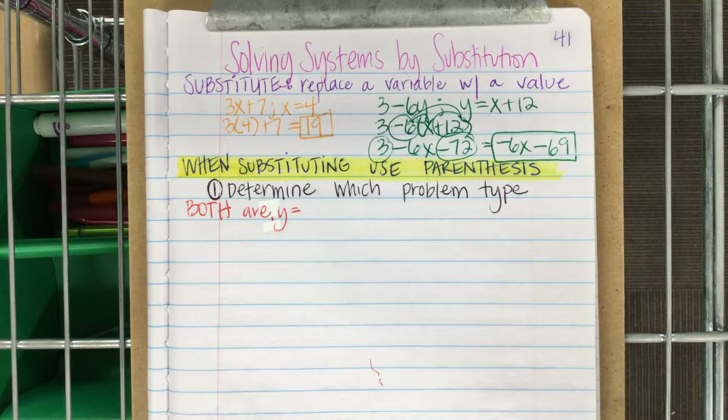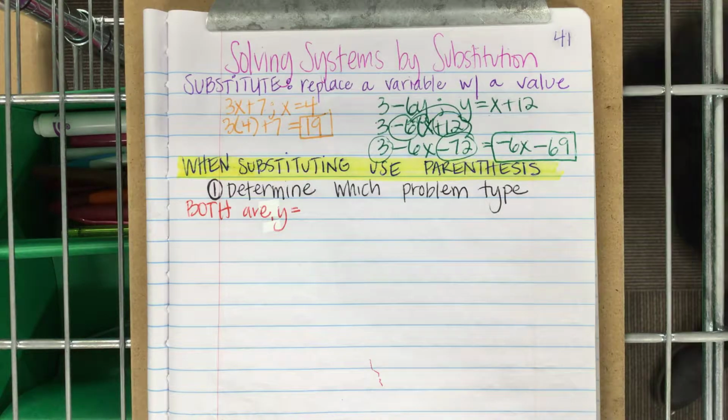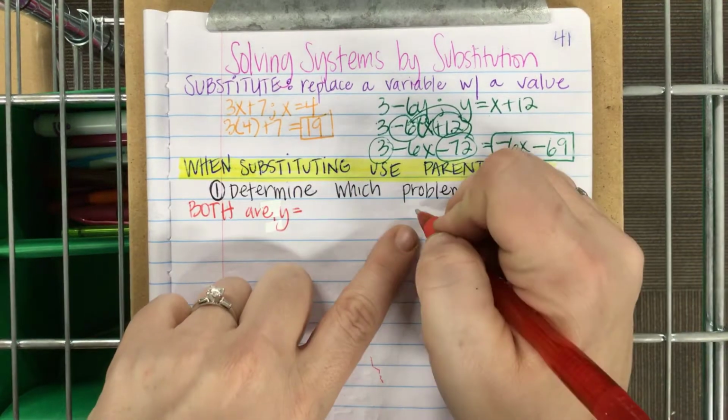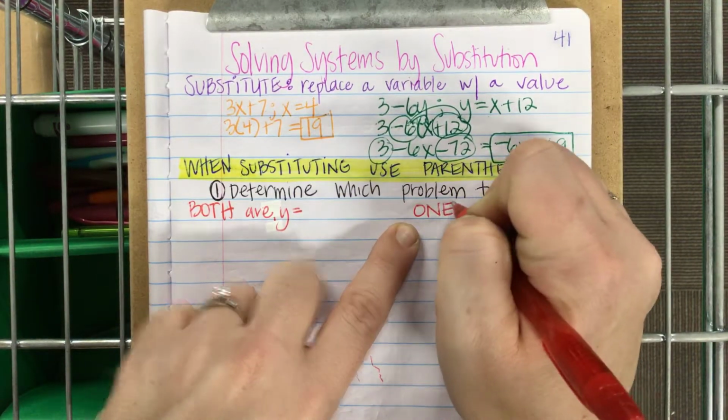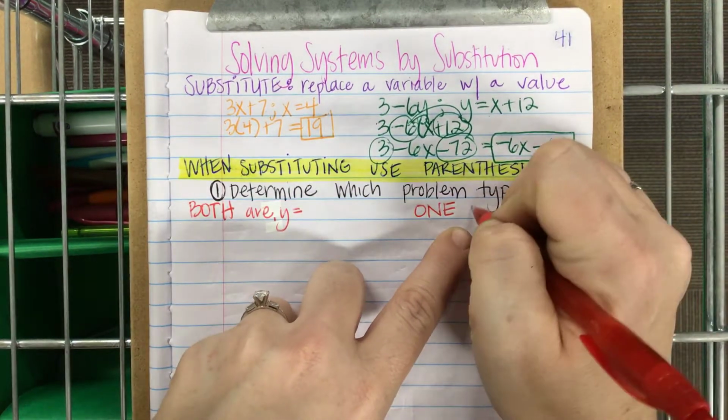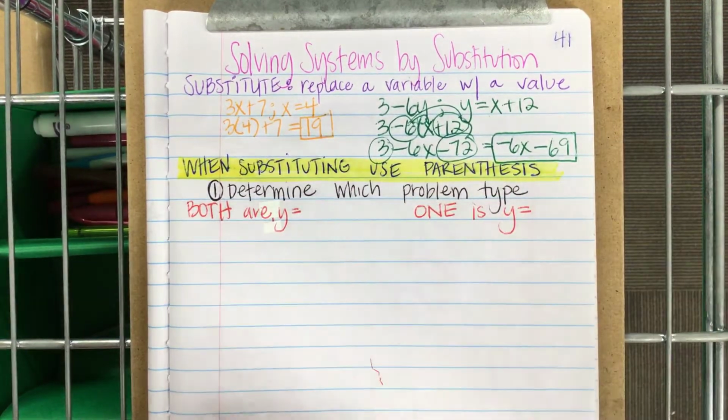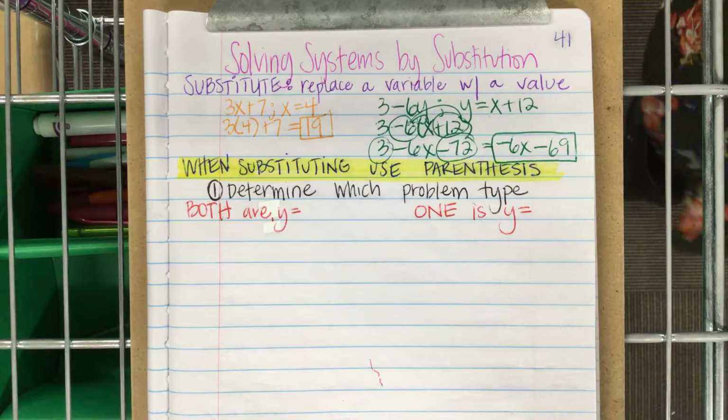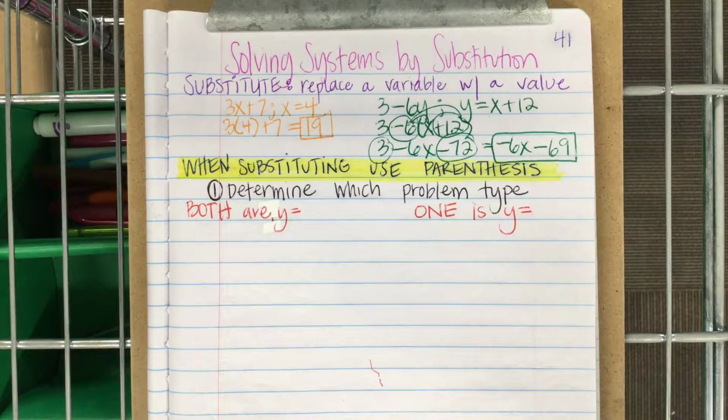What is that form, y equals? What's that called? Slope-intercept form. Both are in slope-intercept form. That's type 1. Type 2 is written y equals, or one of them is slope-intercept form. The other one is something else.